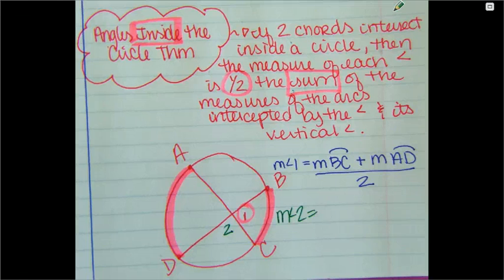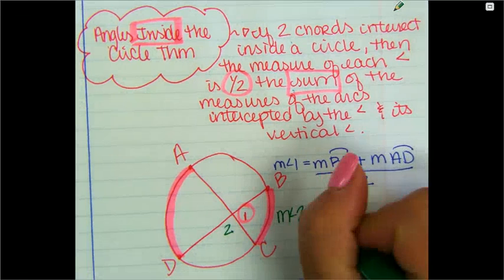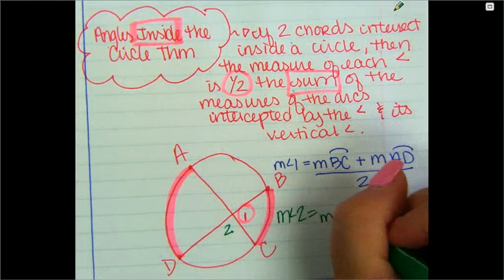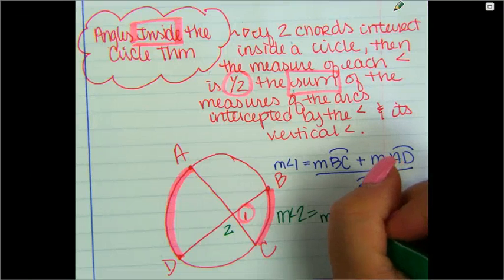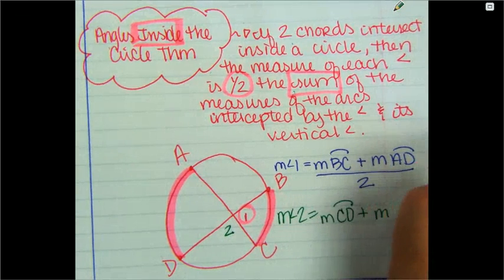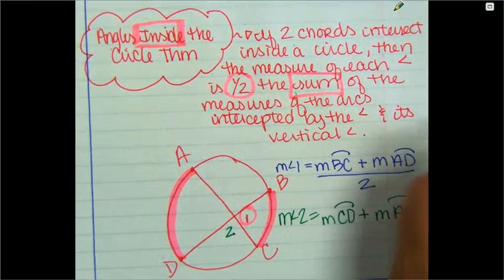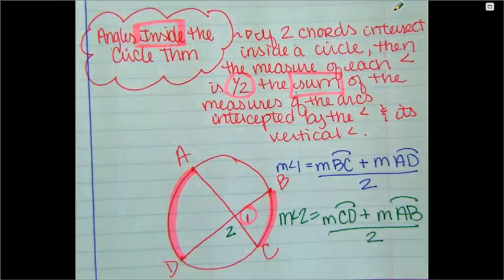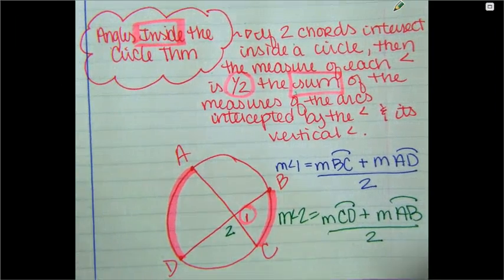Did you write it? What did you write? The measure of arc CD plus measure of arc AB divided by 2. Good. Okay? All right. Let's keep going.